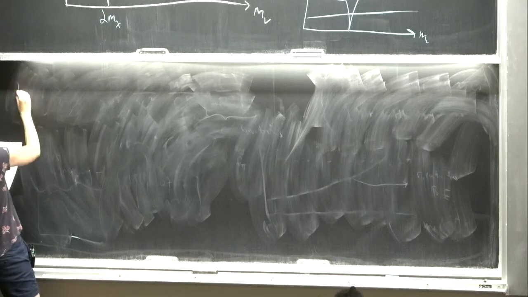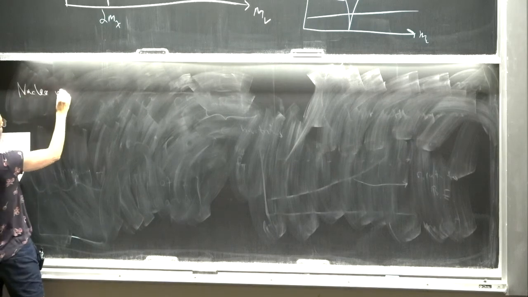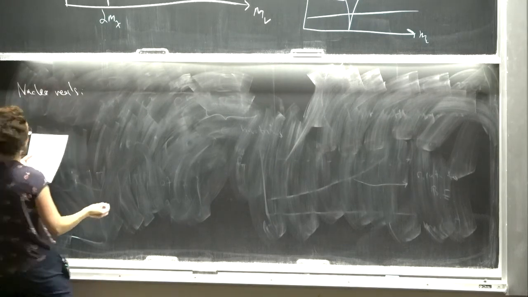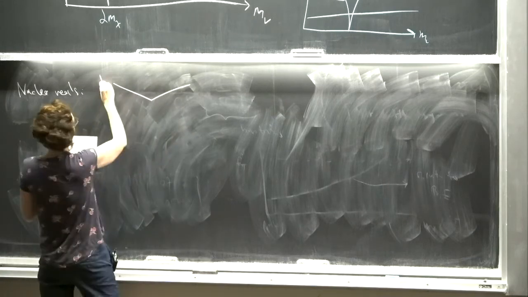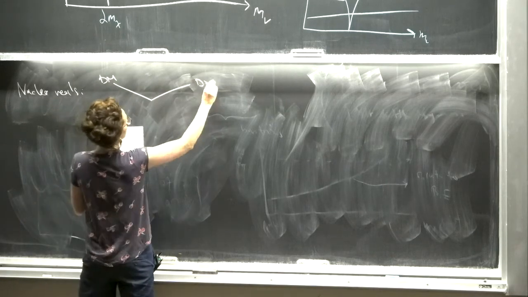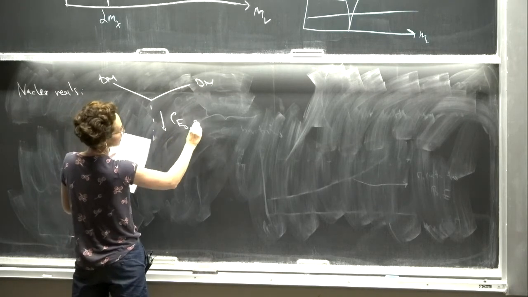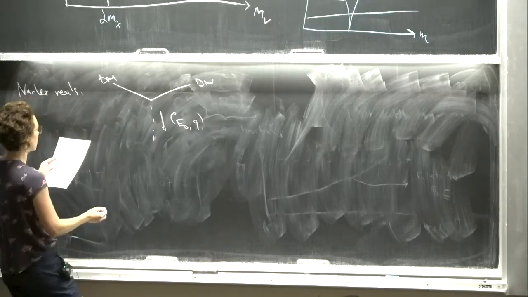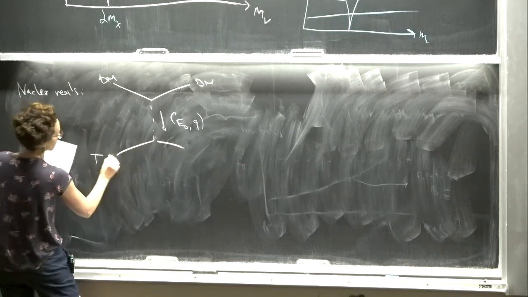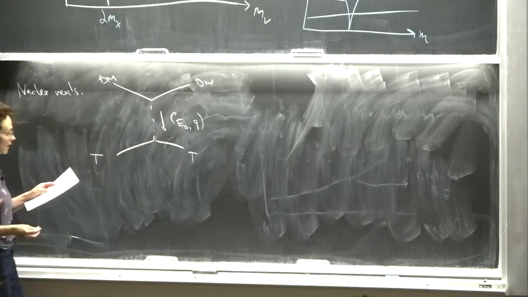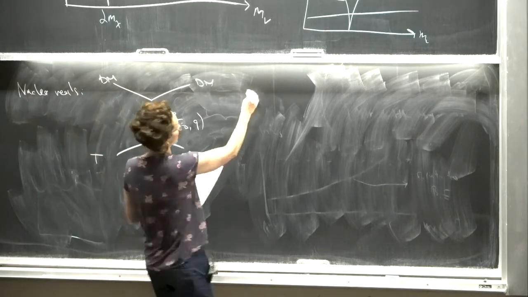Okay, so they're typically looking for nuclear recoils. The idea is, I have dark matter that's coming in and scattering off. I have some energy that's deposited into the system, maybe with some momentum transfer as well. And here's my target at the beginning, target at the end.